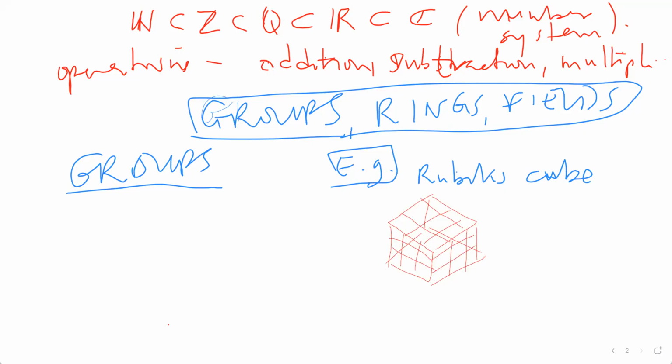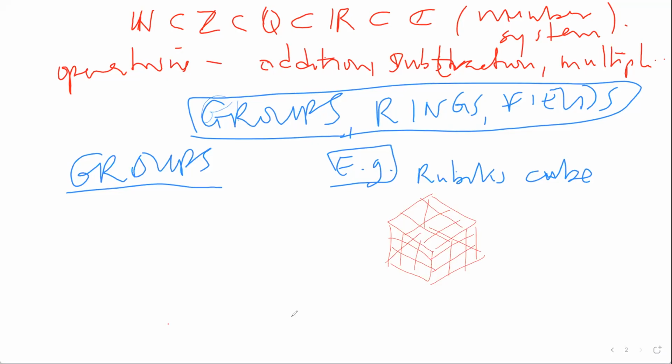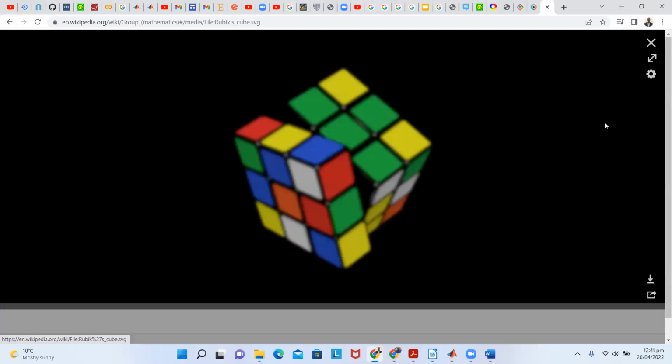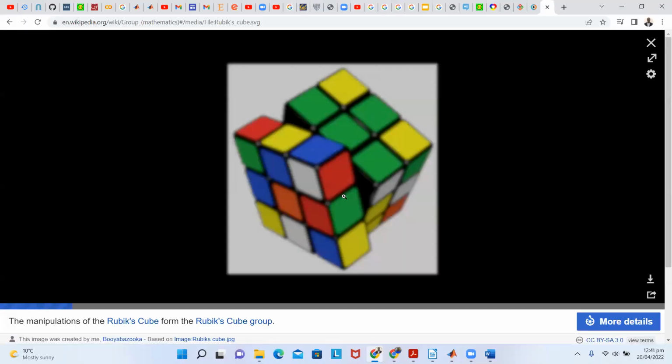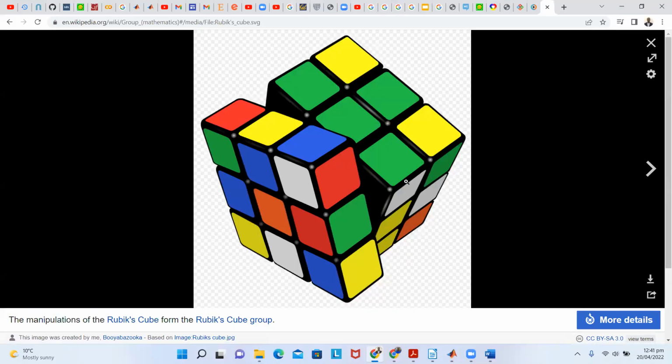Maybe I just show you briefly an example of a Rubik's cube. This is what we call a Rubik's cube.